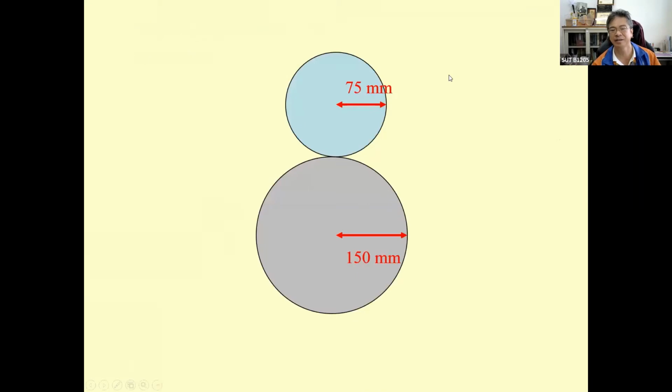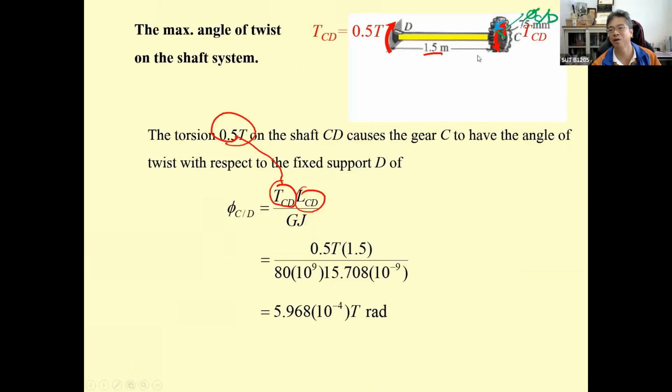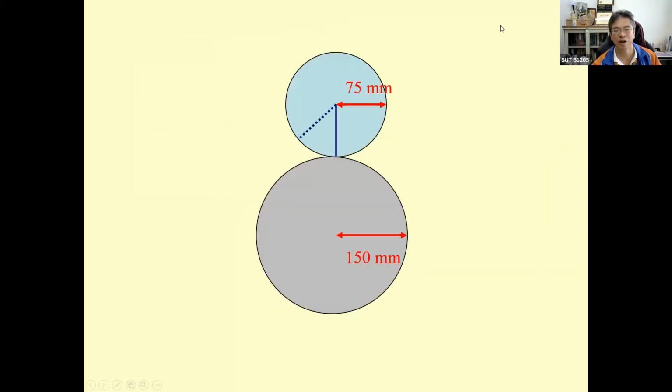So this is going to be the light blue, phi C/D.